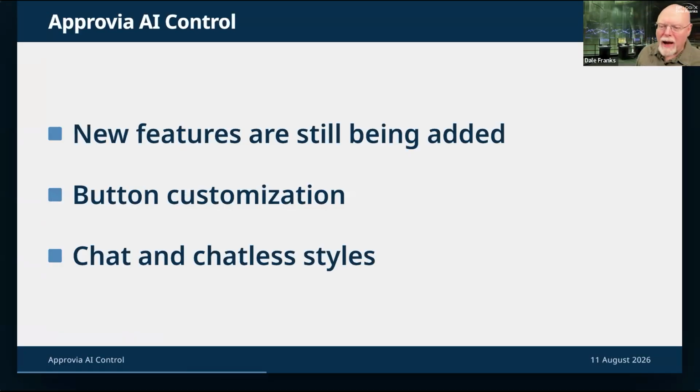So the Apruvia AI control, as I indicated, we're still adding new features to this. By the time 6.1.200 comes out, the Apruvia AI control will be relatively mature for a new feature because we keep going back and looking through it and altering the behavior and making changes to make the control just easier to use and more functional in the way that it works.